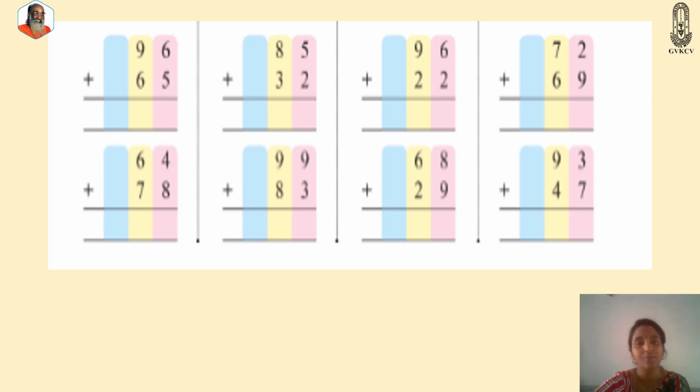The problems I gave: 96 plus 65, 85 plus 32, 96 plus 22, 72 plus 69. Coming to the second row, 64 plus 78, 99 plus 83, 68 plus 29, 93 plus 47. You should all solve these sums and submit to me. Okay?